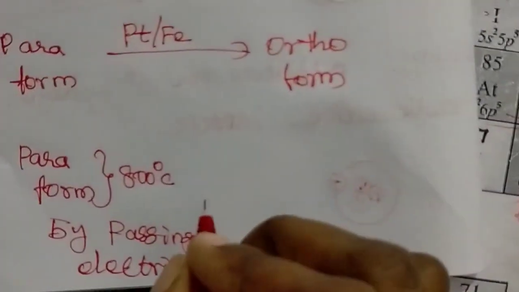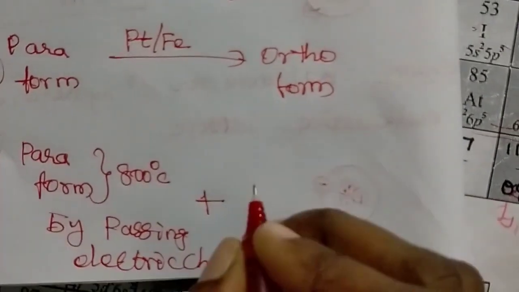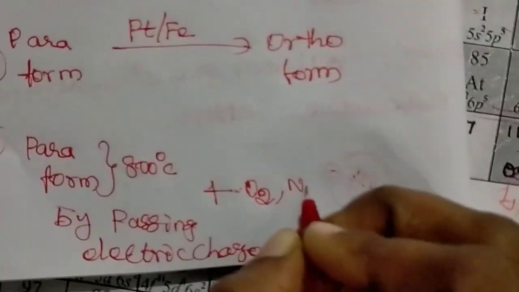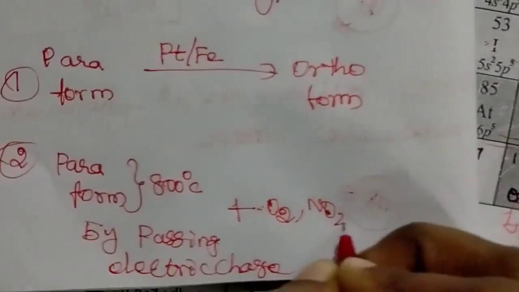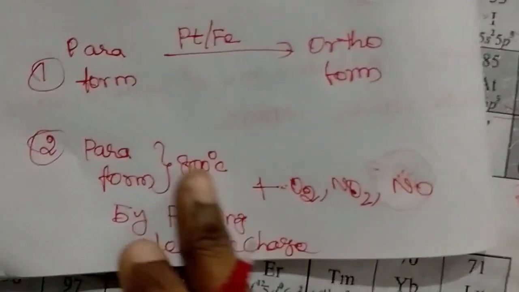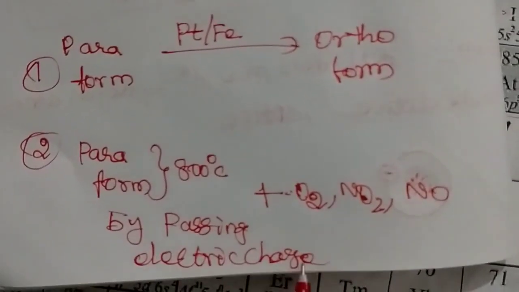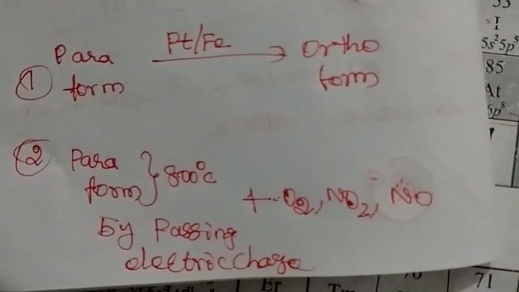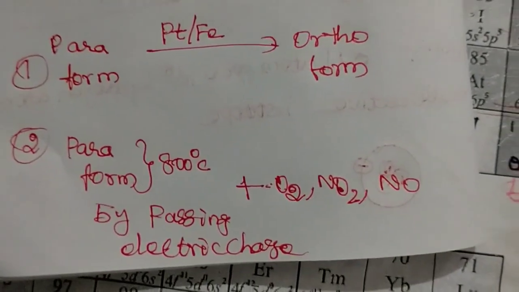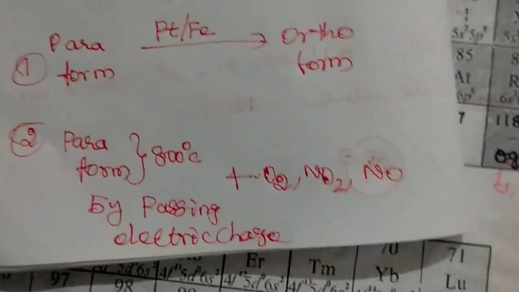Then we add to this heated paraform paramagnetic molecules like O2, N2, NO2 or NO, or nascent or atomic hydrogen.